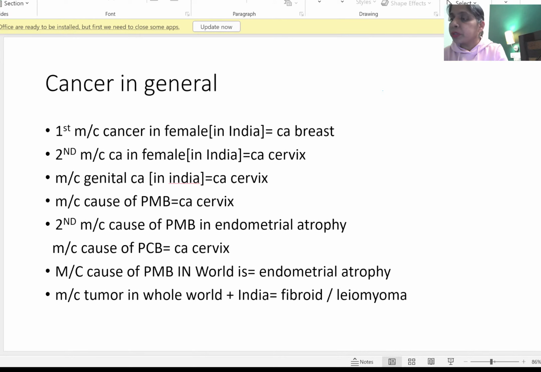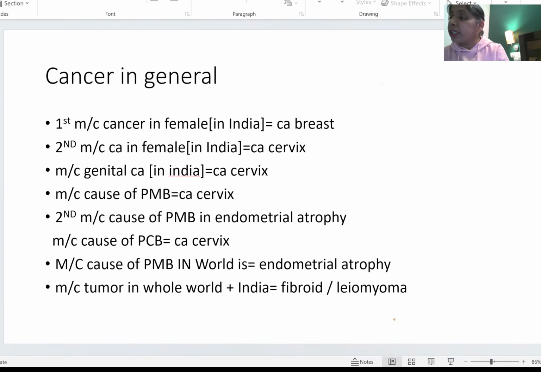Yes, now you are able to see. The most common cancer in females is CA breast. Whenever it is not written and you are sitting in an Indian exam, it means they are talking about India itself. The second most common cancer in females is CA cervix.